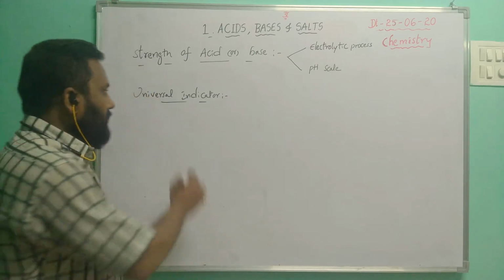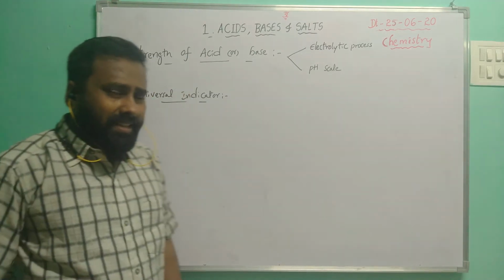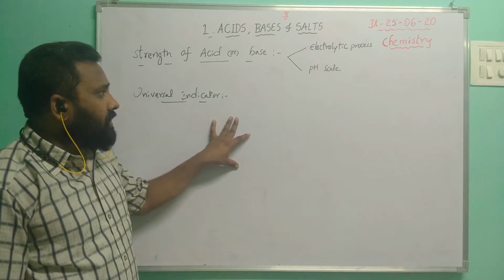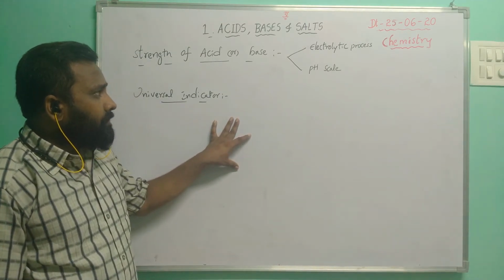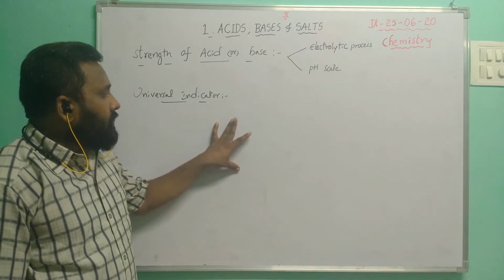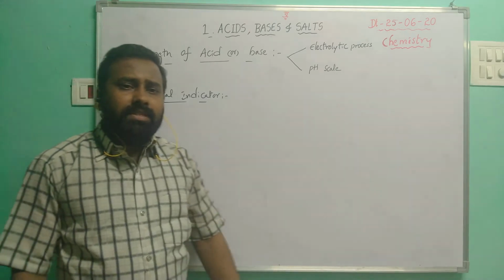Next, the universal indicator. The universal indicator is also used to find the strength of an acid or base. The universal indicator is a mixture of several indicators.